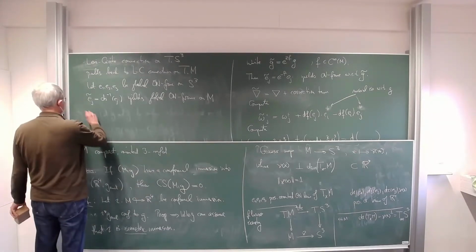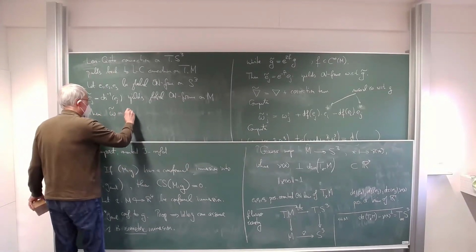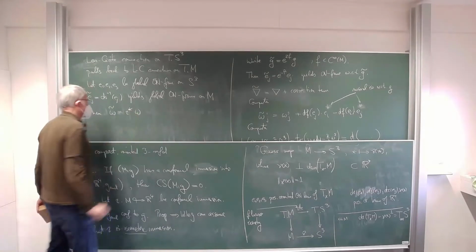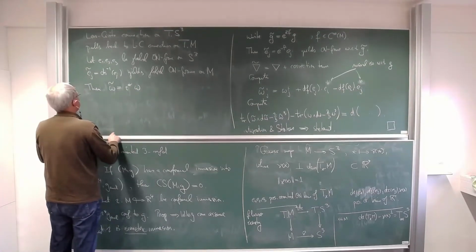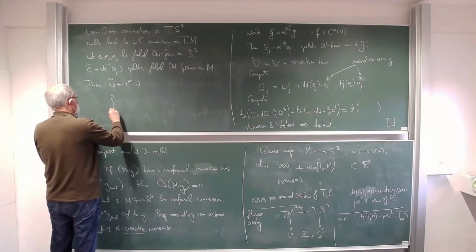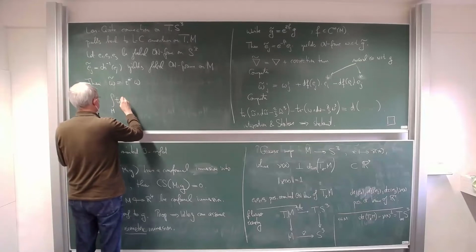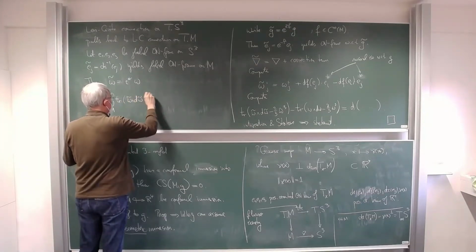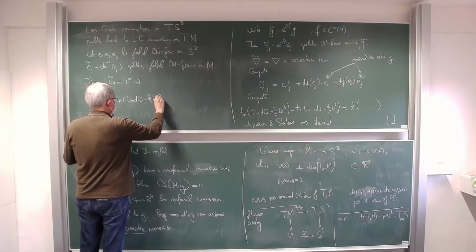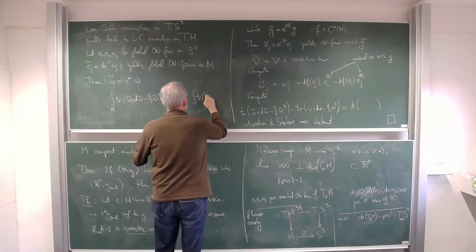So then, omega tilde is nothing but the pullback of omega, and therefore, if I integrate over M this transgression thing, this Chern-Simons integrand, I do the same thing on the sphere.